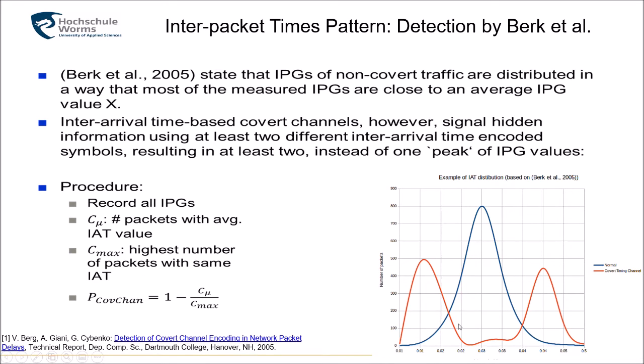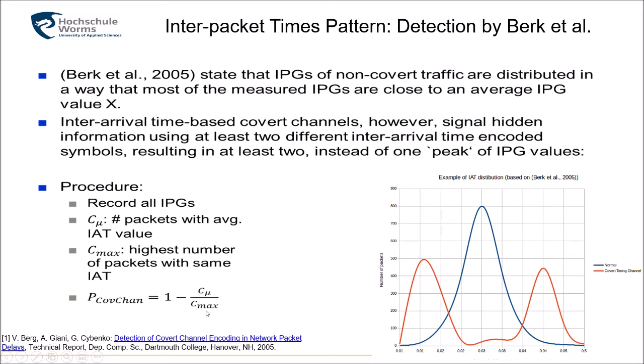So for the legitimate traffic, most packets are here at 0.03, and that's also approximately the average value, and most packets are here too, so we divide approximately 1 by 1 here.